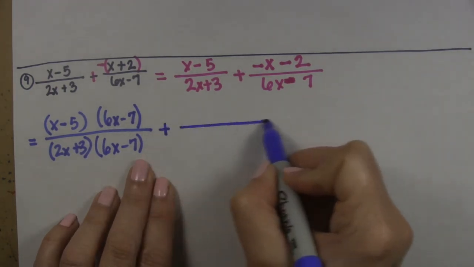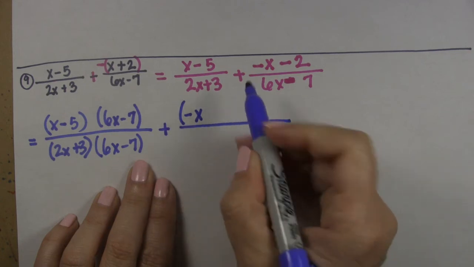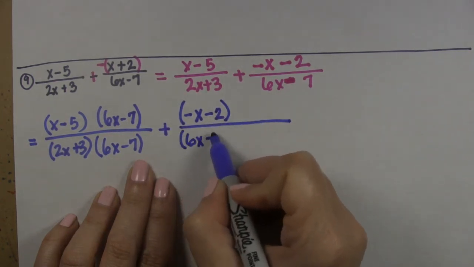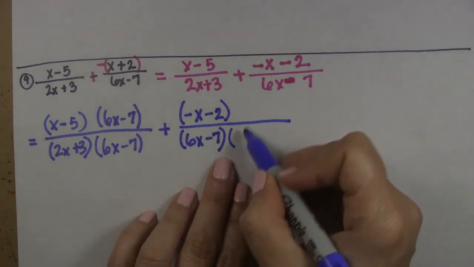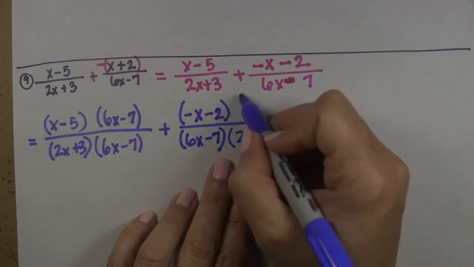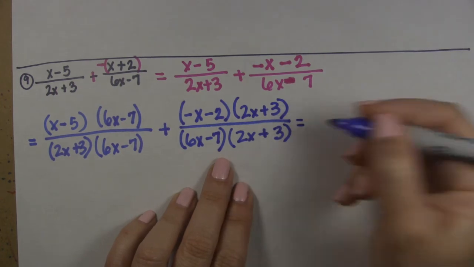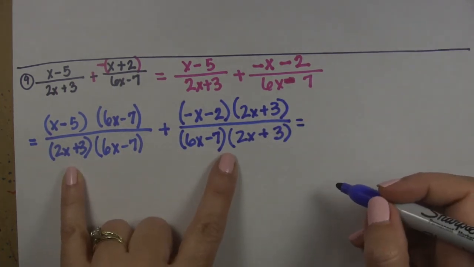And then I'm going to change this fraction. Currently, I have negative x minus 2 over 6x minus 7. And I am going to have to now multiply the numerator and the denominator by 2x plus 3. Okay, this makes me very happy because now I have a common denominator.